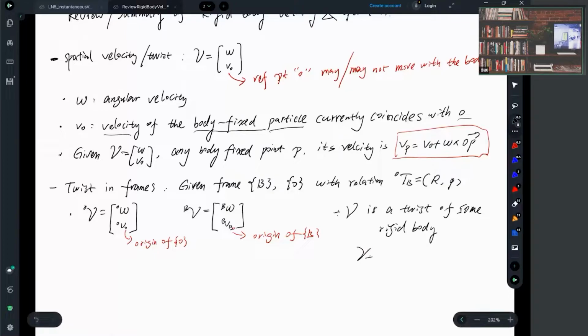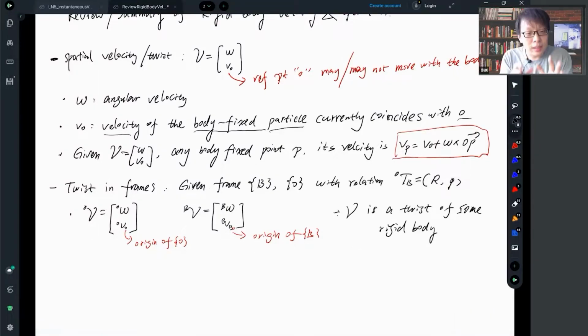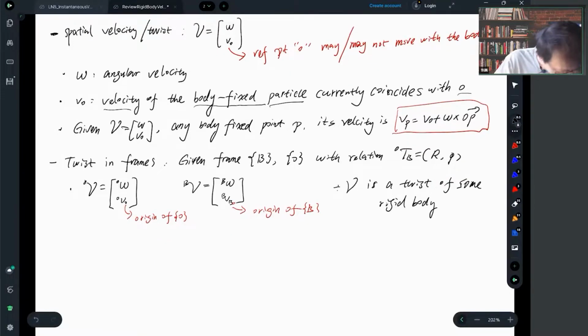It could be V of the spinning top, or V of some robot end effector, but I want to represent them in O or in B. Did you understand what I'm trying to emphasize? V is a velocity, a physical quantity, and I want to represent this physical quantity in B or in O, the same physical quantity.